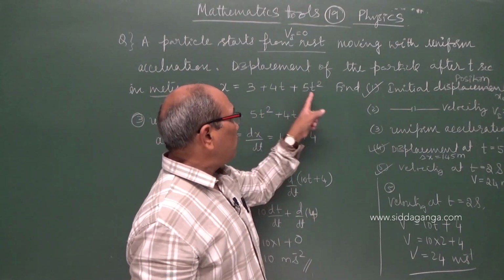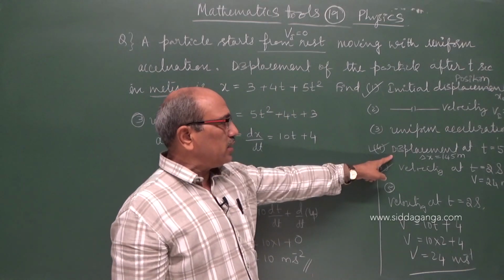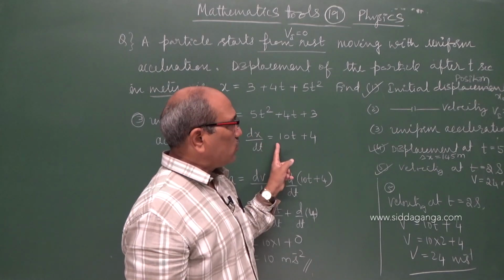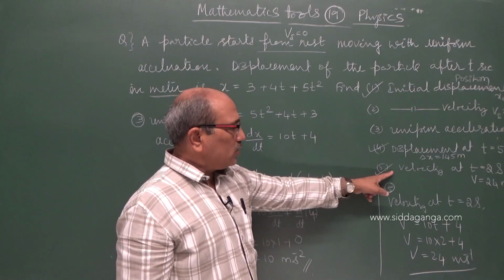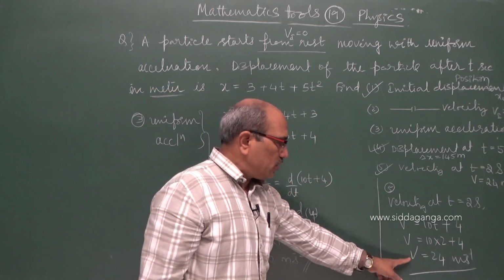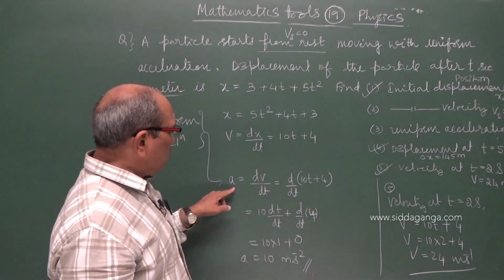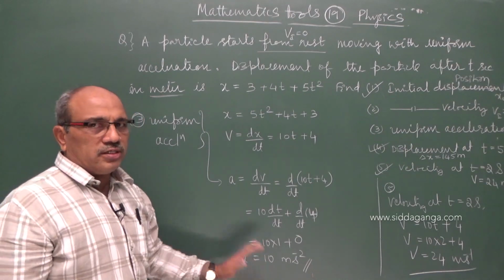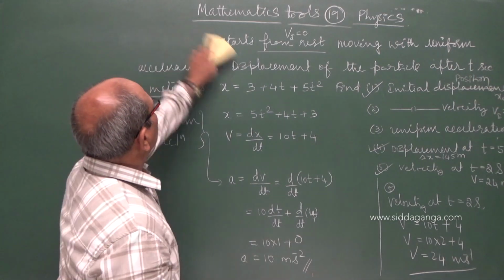So you got 148 meter, initial 3, and the difference gives you the displacement at 5 seconds. Differentiation of this gives you the velocity equation. They gave initial velocity 0, and velocity at t equal to 2 seconds we determined as 24 meter per second. Acceleration is uniform, it is time independent and remains constant throughout the interval. Let us go to the next question. I hope you have followed it.